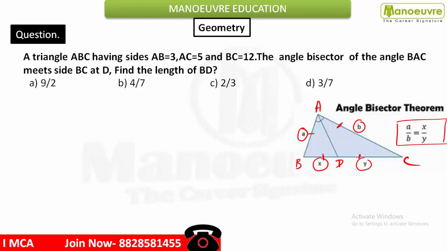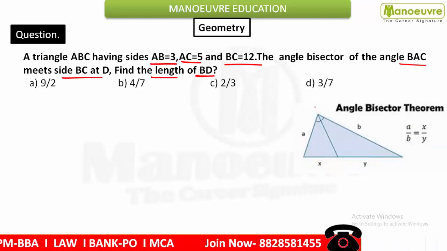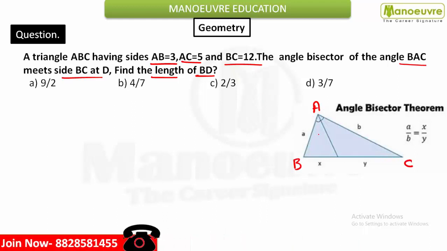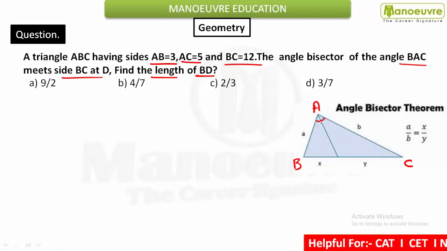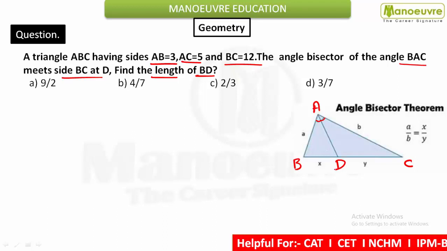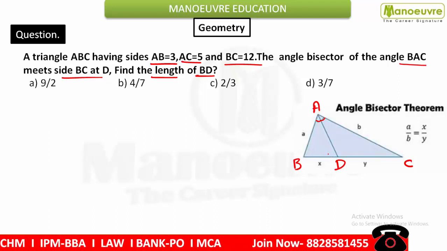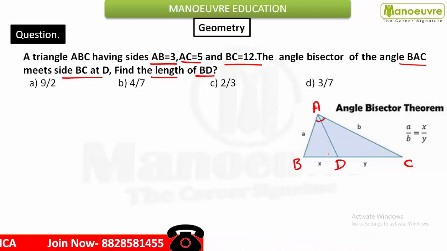Okay, hope you people are getting it. I am representing this question in this diagram only. So let's see. ABC is a triangle where BAC is this angle and AD is your angle bisector. Angle bisector means this AD divides angle A into two equal parts. So that is what your angle bisector is.